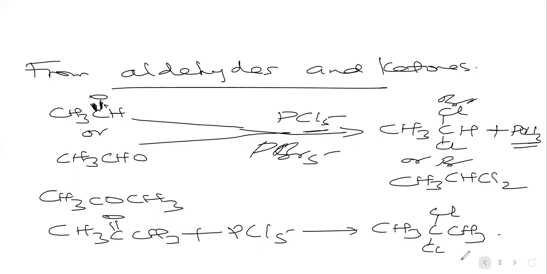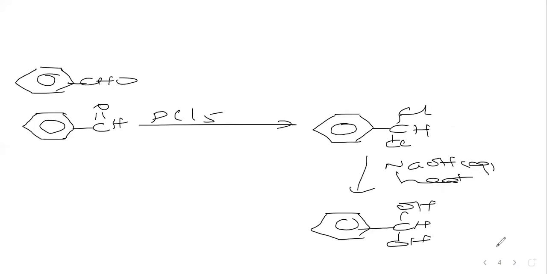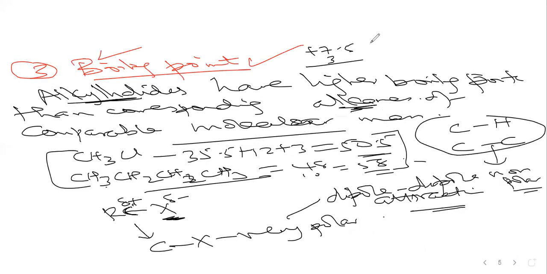How about if I want aryl halides? I haven't so far looked at them. How do we synthesize aryl halides? I'll begin with the direct halogenation of benzene. You have looked at that reaction. That's one way by which you can prepare aryl halides.